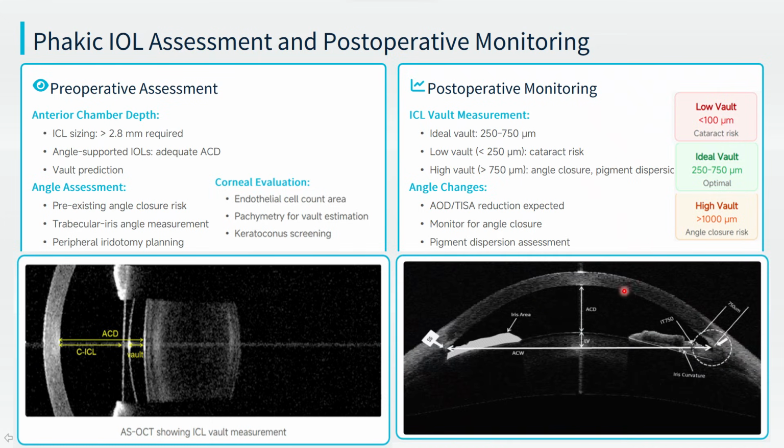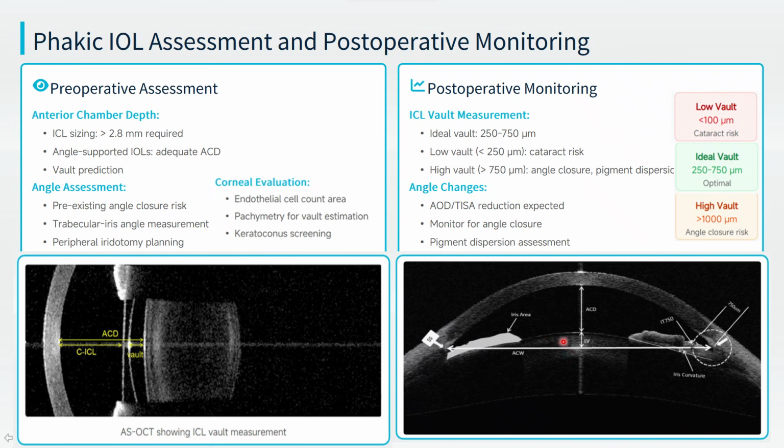Now, how do we measure the vault? Normally, if we want to measure the vault of the lens, we draw a horizontal line between the scleral spurs. We determine the scleral spur here and the scleral spur here, and draw a horizontal line. Then we draw another vertical line to the corneal endothelium. The part of the lens above this line is the amount of the lens vault.